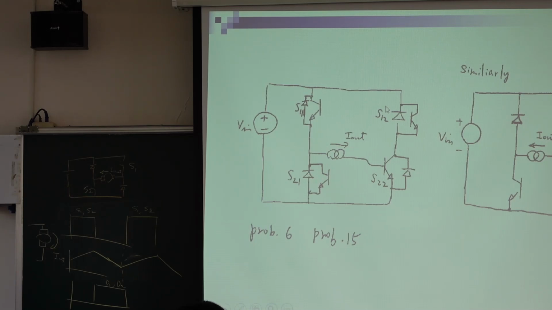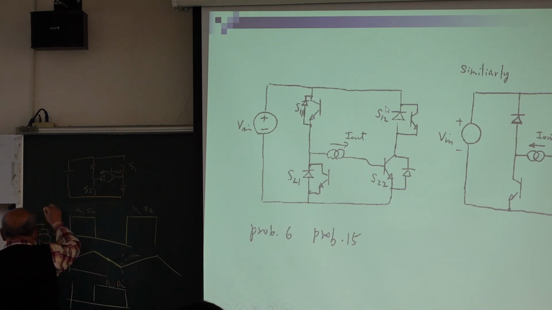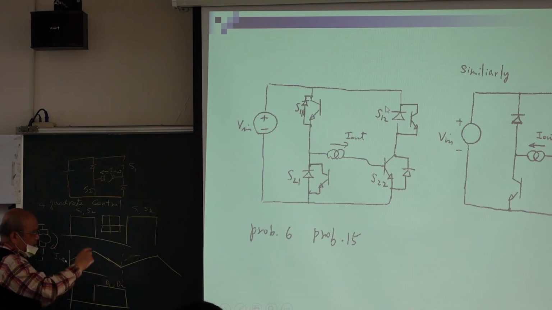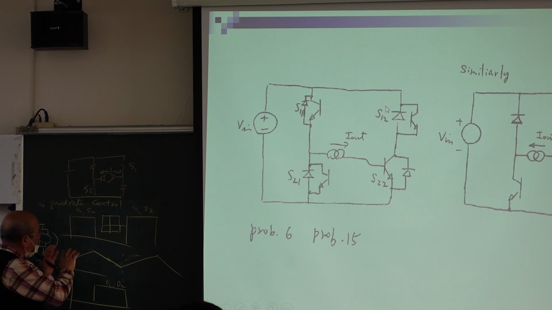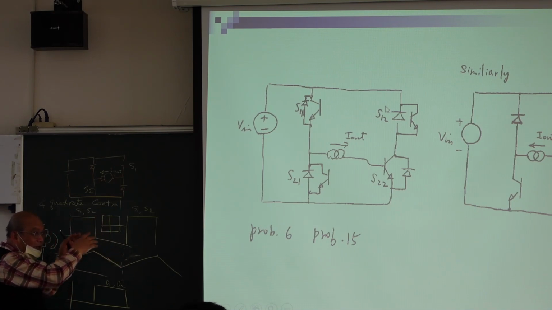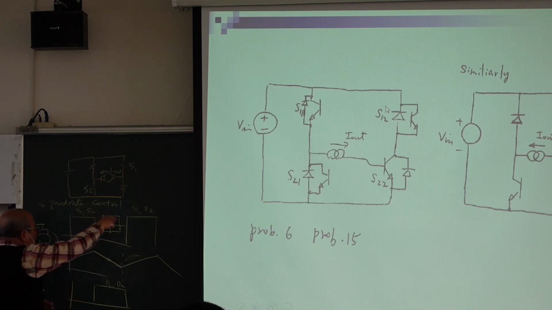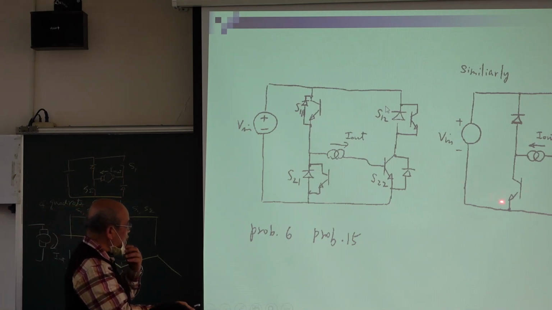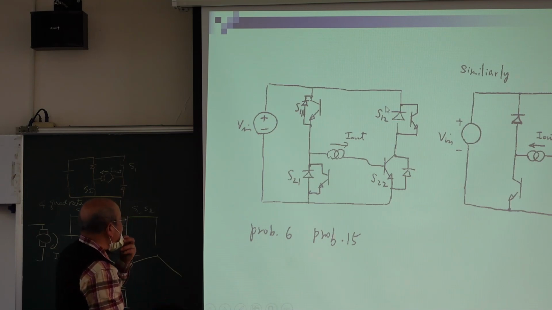So we call this four-quadrant control. It means speed can go positive, speed can go negative. We can have positive braking, and we can have negative braking. So we have four-quadrant control. But for this one, only two-quadrant control, we only go one direction.